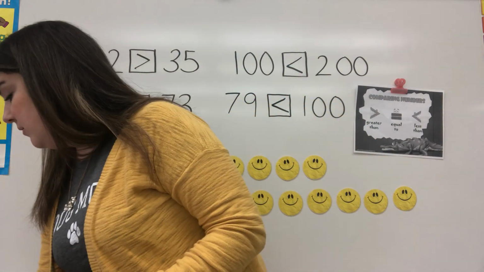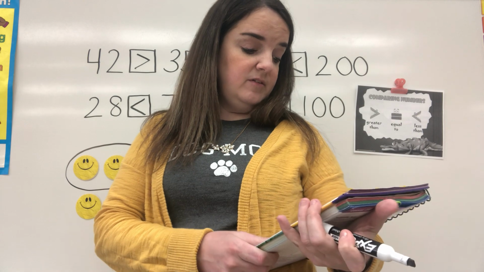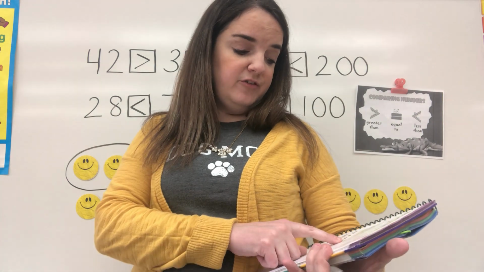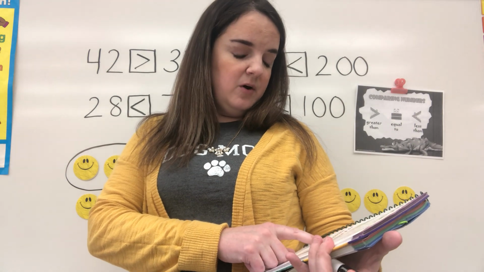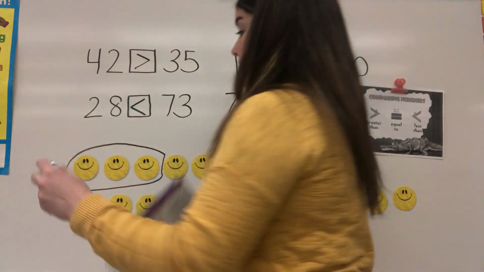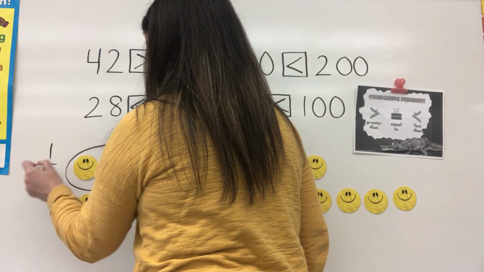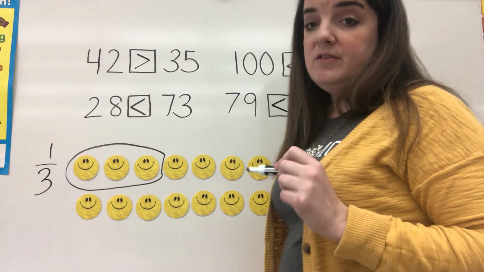If you look at your top box there, the purple boxes, you see the problem 3 plus 3 plus 3 equals 9, or 1/3 of 9 equals 3. So this is 1/3, and that is 3. So you need to circle 3 smiley faces.